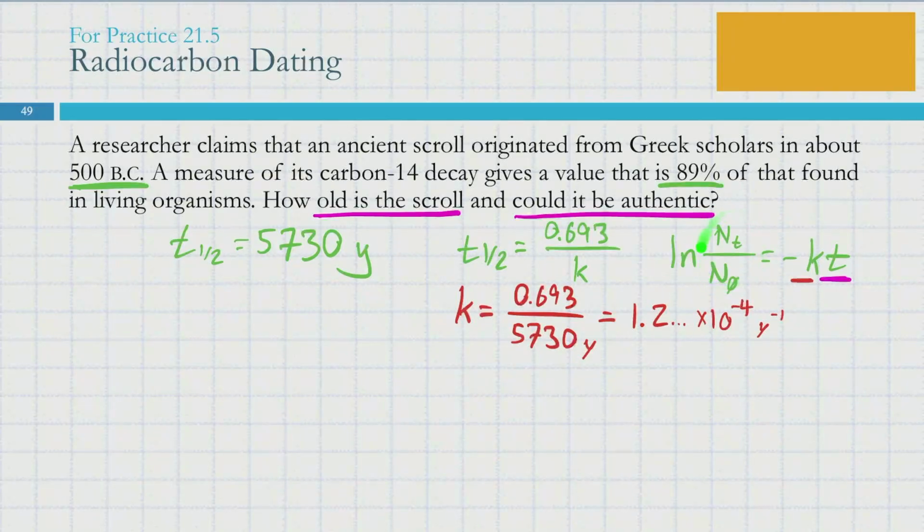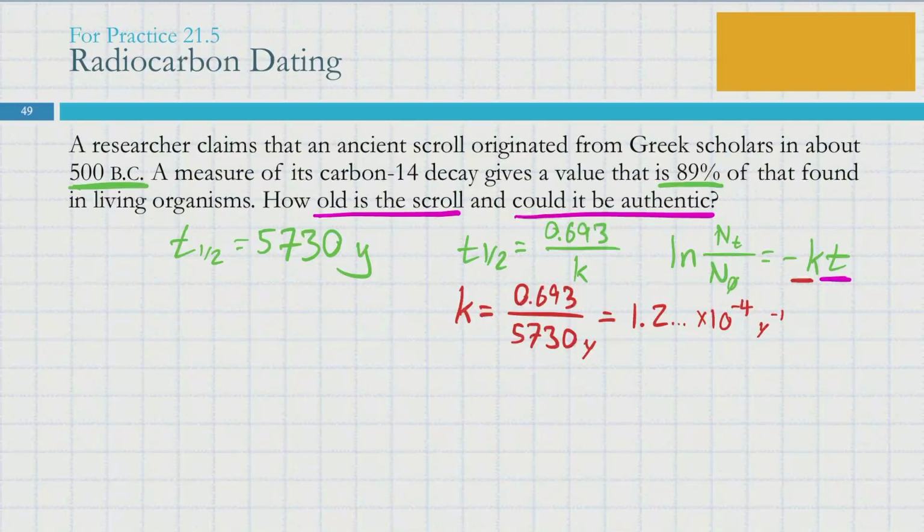We need to figure out what our Nt and our N0 are. Any ideas? Would our N naught be the 500 BC, and then our Nt would be 89% of that?